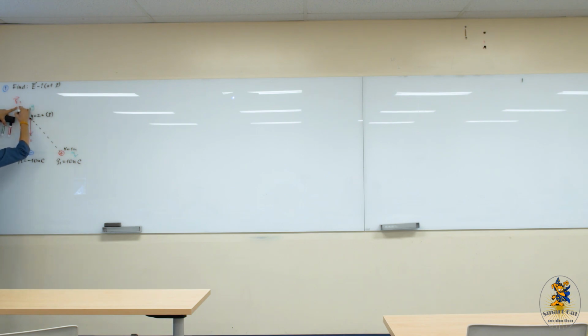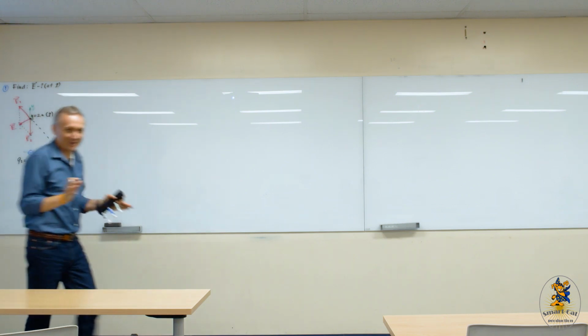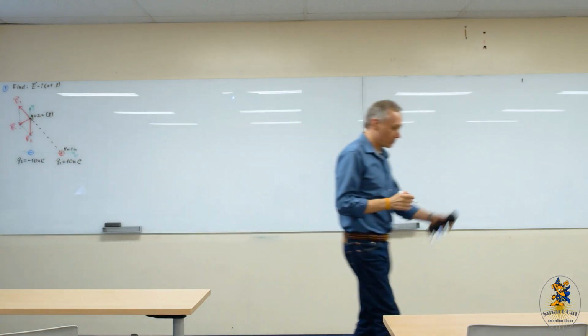So draw a dashed line. Then from this point, you need to draw a line which is parallel to that vector. So you created a parallelogram. And you need to connect this, use that diagonal to get the net electric field in this case. So this will be the net electric field. But again, it must resemble a parallelogram. Don't distort it too much. Right.